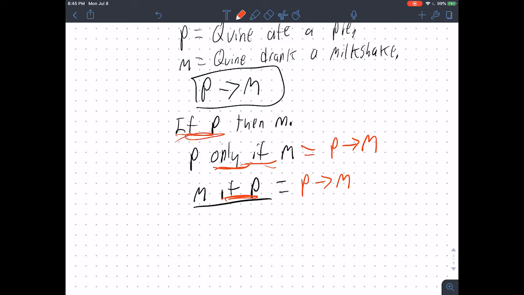The part of the conditional that attaches to the "if" is the antecedent. "If" is your marker that there's an antecedent going on. So even if we write something like Quine drank a milkshake if he ate a pie, we're saying the same thing as if we were to say if Quine ate a pie, then he drank a milkshake.